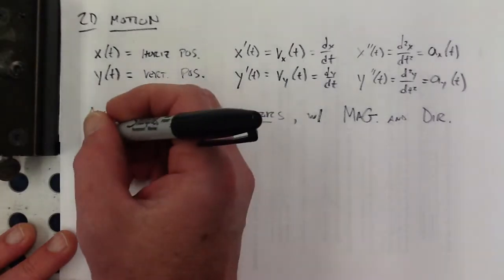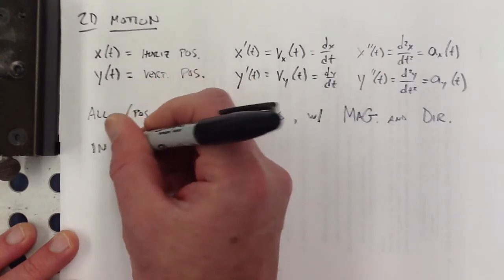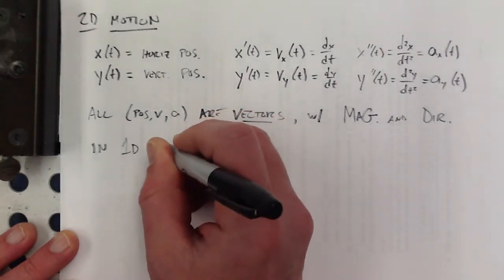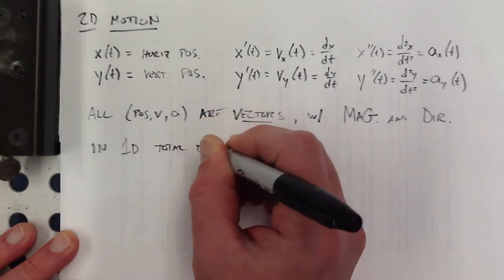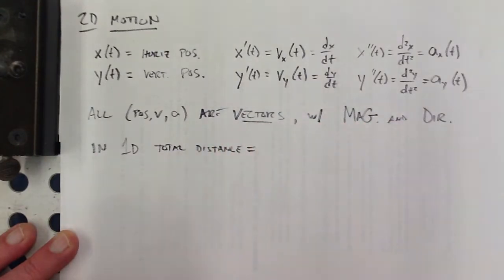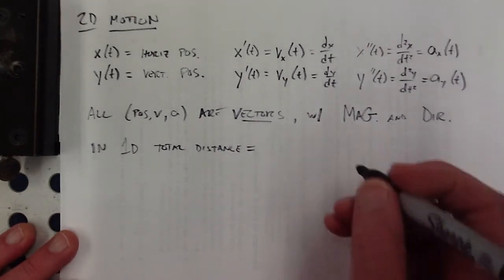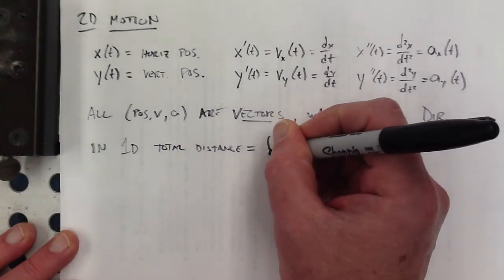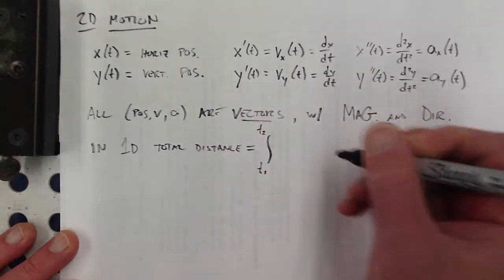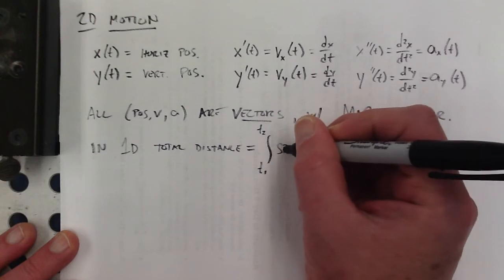So that's nothing new there. What else? Well, in one dimension, total distance traveled is equal to, do you remember? Pause the video and just think for a sec. Total distance traveled is the integral of the speed.